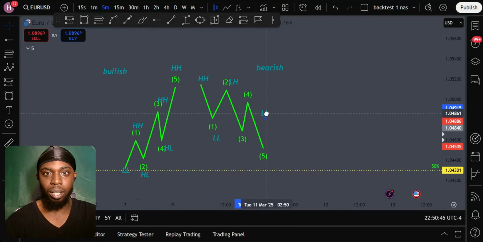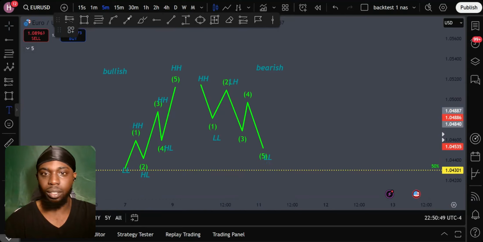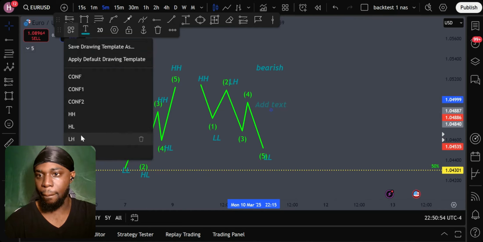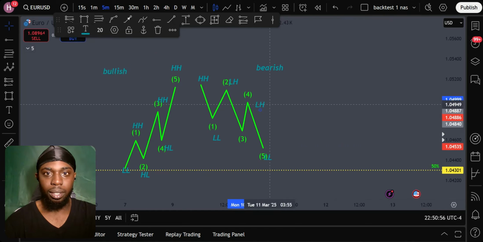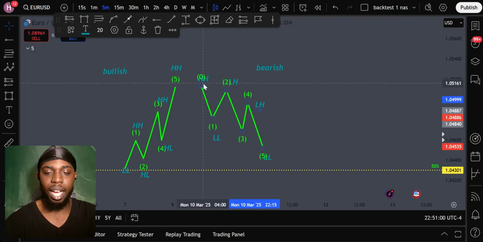I don't know why I keep putting the lower low down there. Lower low, lower high. All right. So these will both be lower highs. Got the higher high up here because we just came from an uptrend.